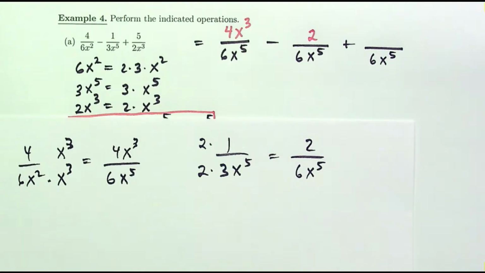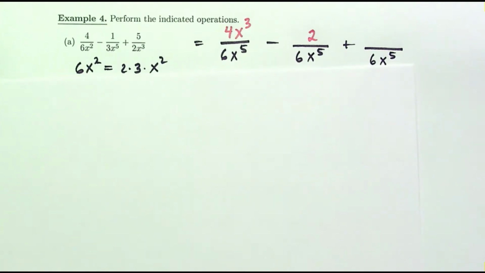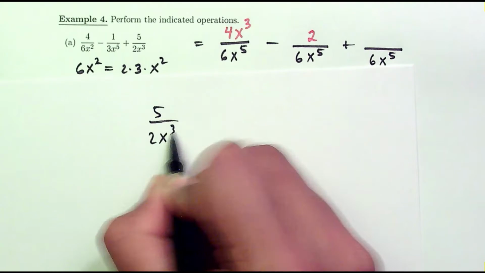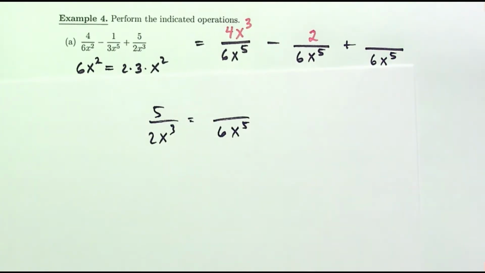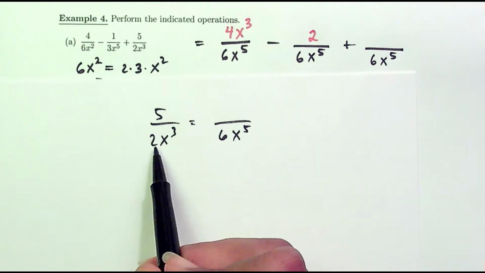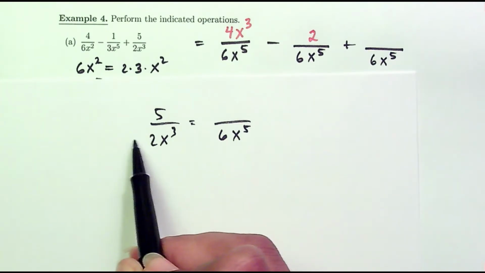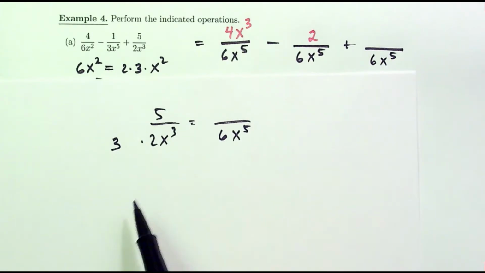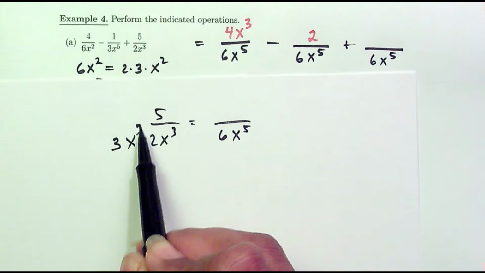And lastly, for this one, 5 over 2x cubed, if I want it to be 6x to the fifth, by what do we need to multiply the top and the bottom to get 6x to the fifth? Well, I need a 3. Indeed, I need a 3 to get a 6. And then we need an x squared to get x to the fifth.